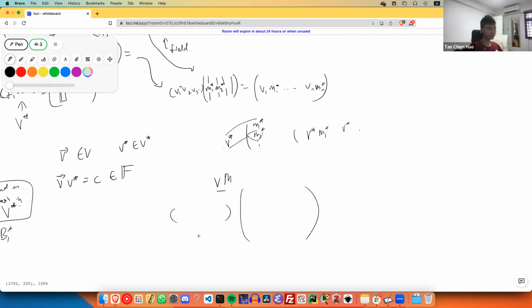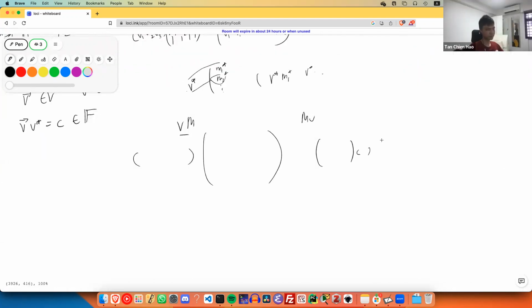And if it's a row vector, doing M with the row vector doesn't make sense either. So the left is the only way we can do this. I'm confused because I thought we had a right version. Okay, cool.